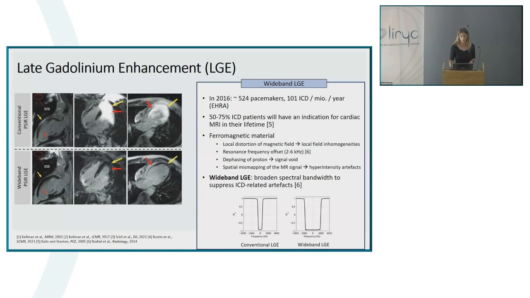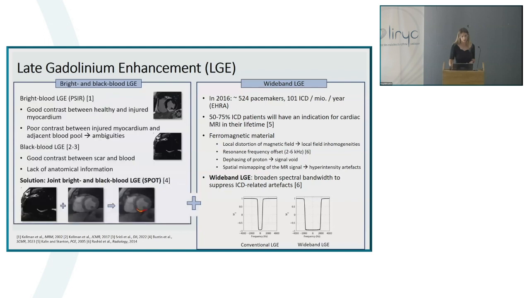So by broadening this spectral bandwidth, you can actually invert all the spins, even the ones that are not precessing at the normal frequency. So the idea of my project is to combine the SPOT technique, so joint bright and black blood imaging, with wideband LGE for patients with an implanted cardiac device.